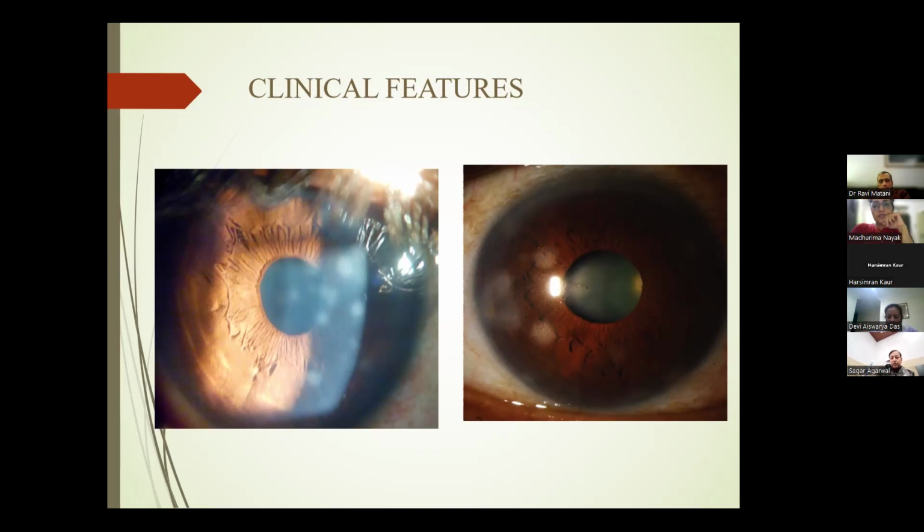The treatment will be the same. You will use topical steroids, but how they behave, what the course is, how indolent they are, that will differ in the trajectory. The treatment will remain the same, but the trajectory will differ.